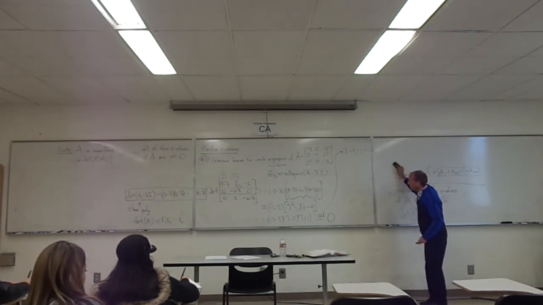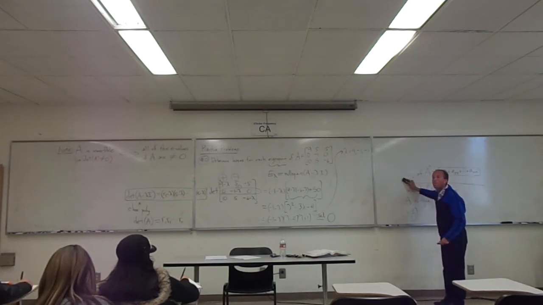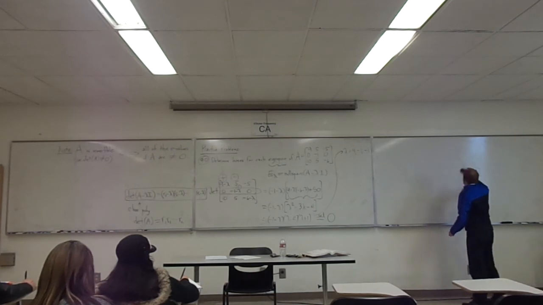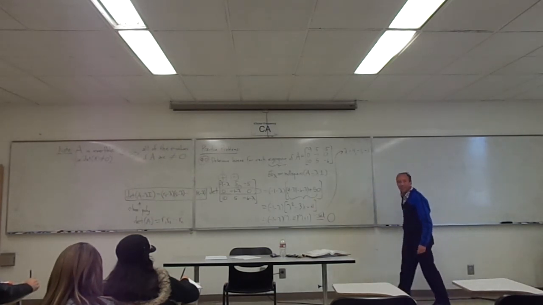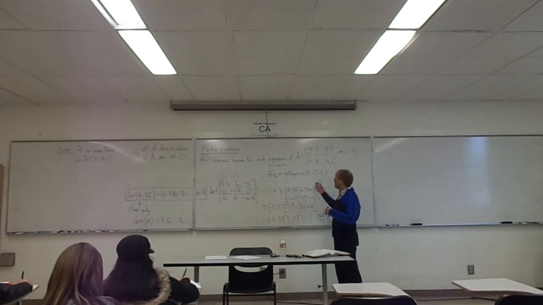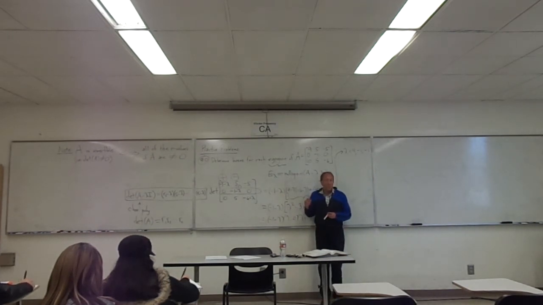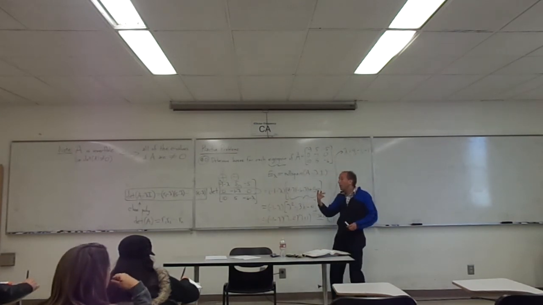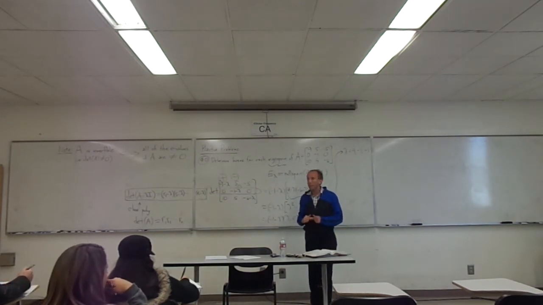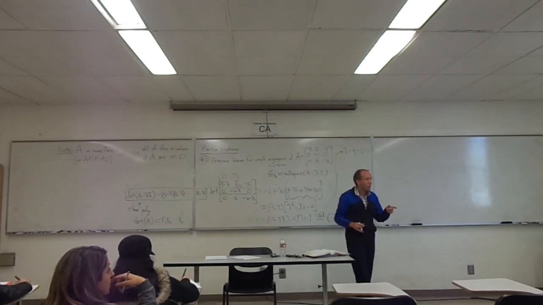How many different eigenspaces are there? Just 2, right? There's an eigenspace for each of the lambdas that we have. So we have 2 different lambdas, so there's only 2 eigenspaces.